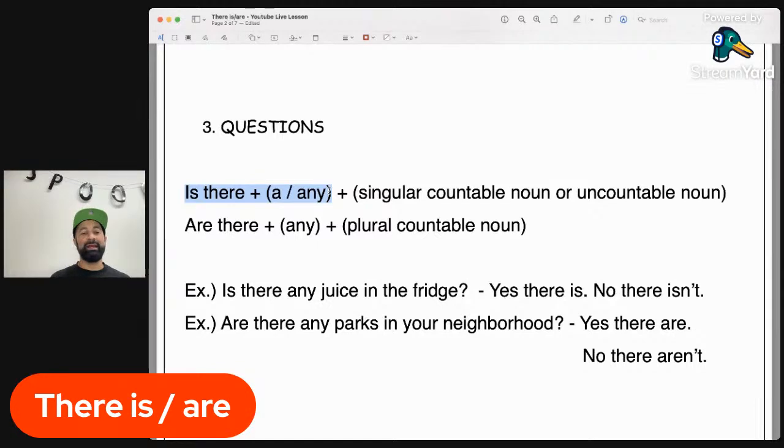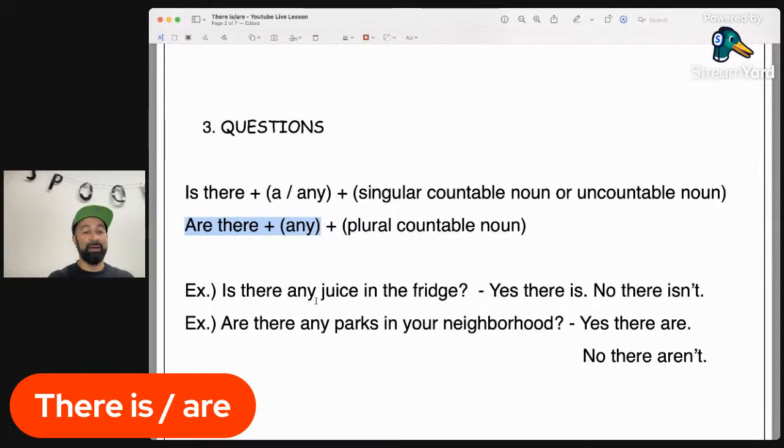Now, if my noun is plural, that means more than one, all right? So we've got, again, these pencil crayons. They're countable and there's more than one. They're plural. So I would use the question, are there? Are there any? Okay. I want you to always try to use the word any in your questions. Any is very commonly used in questions.